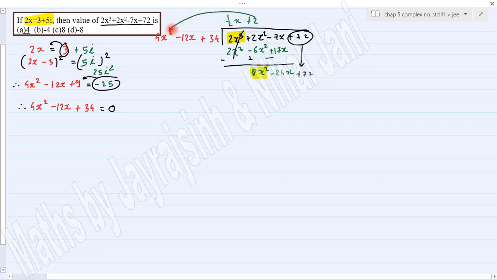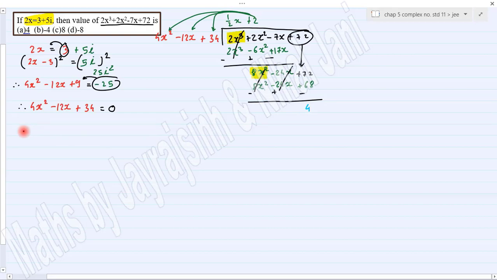So 2 into 4x square will give us 8x square. 2 into minus 12x will give us minus 24x. And 2 into 34 will give us 68. Now let's change the sign. So 8x square and minus 24x will cancel out, and 72 minus 68 will give us 4.